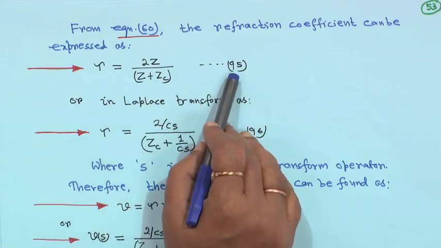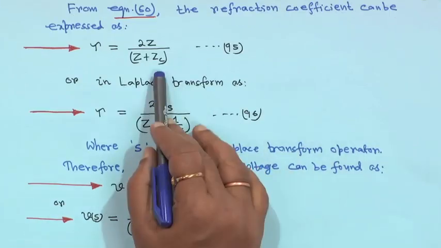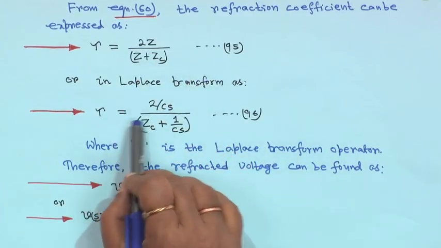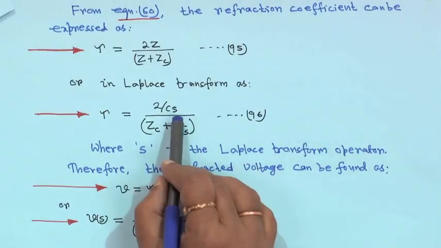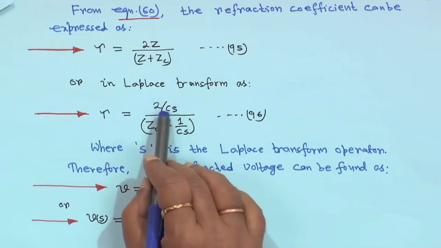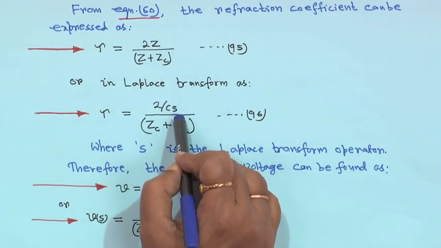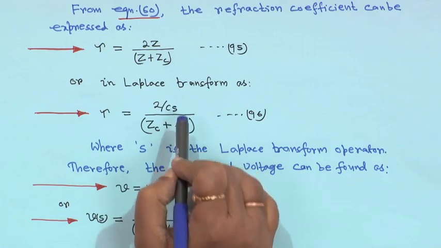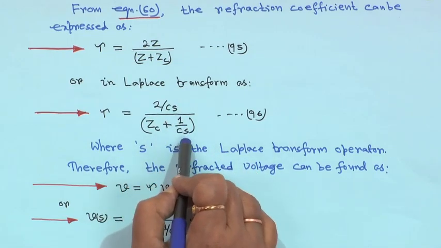This is equation 95. If you take the Laplace transform, then because it is a capacitor, Z is 1 upon Sc, where S is the Laplace transform operator. So tau is 2 upon Cs divided by Zc plus 1 upon Cs.